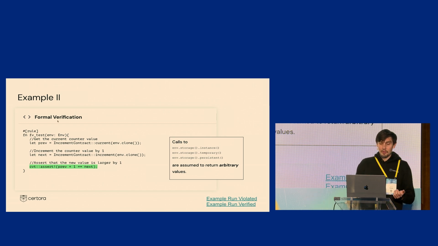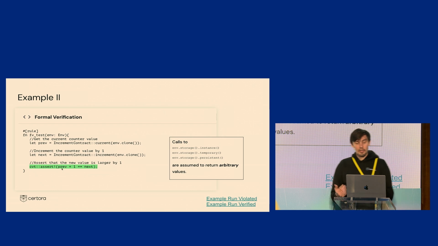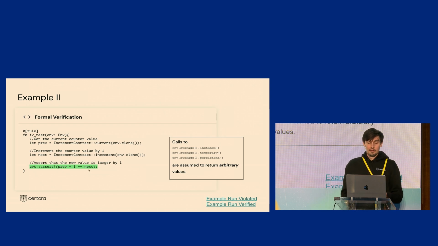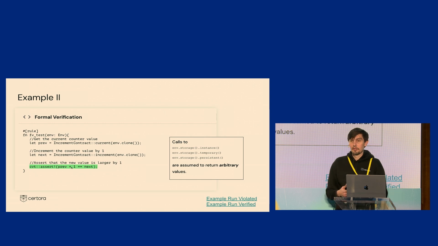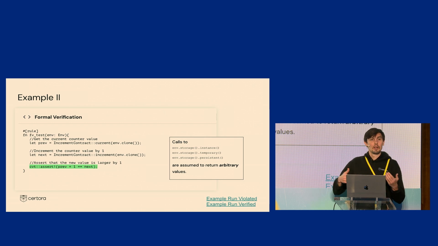This is how you would write this as a formal verification test. With the increment contract's current function, you get the current counter value, which I call previous here. Then you increment this counter by 1, and at the end you can assert that the next value is equal to previous plus 1. This is what you want to verify over this contract, instead of explicitly enumerating all the states that you have.